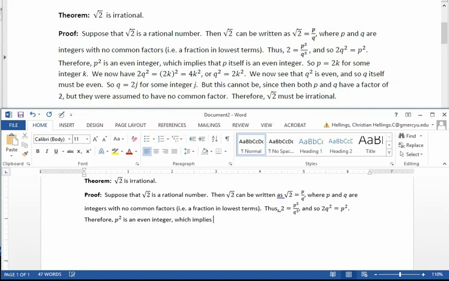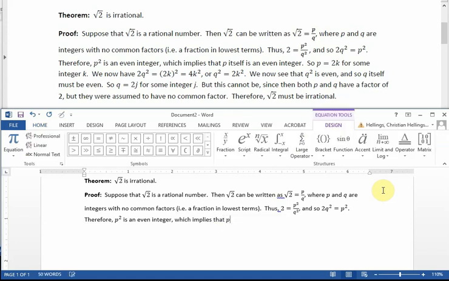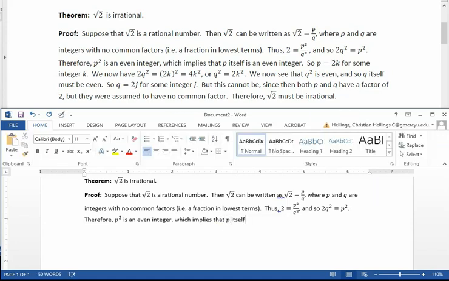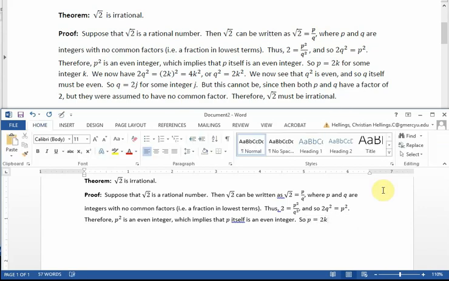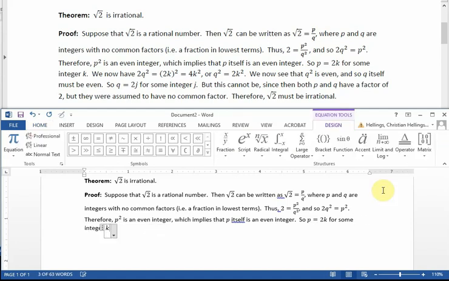Which implies that, okay, and again, Alt equals P, right arrow, itself is an even integer, period. Okay, so Alt equals P equals 2k, arrow key, for some integer, Alt equals k.